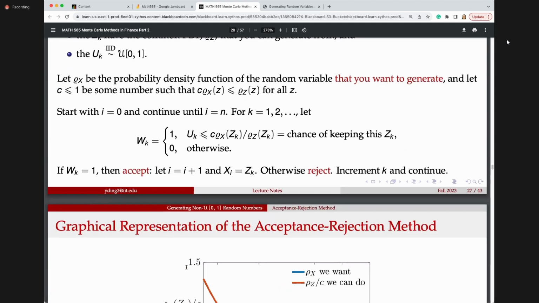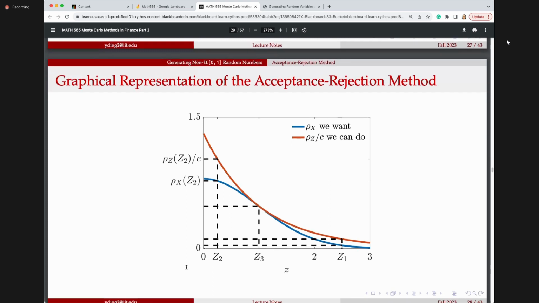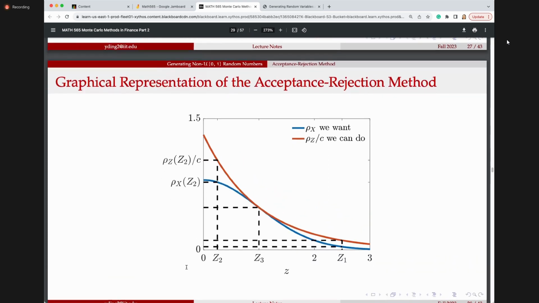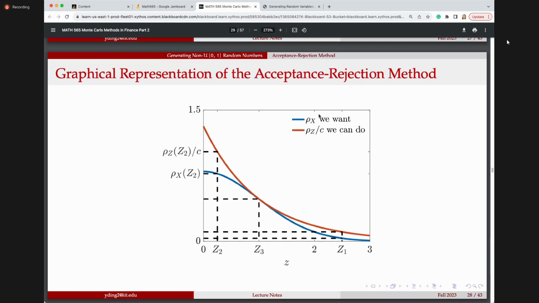So let's see the idea here. Actually, the case is not to compare C times rho X, but actually you use rho X, the density function you want to generate, to compare with rho Z divided by C. You know C is less than or equal to 1, so we try to make it a little bit larger.